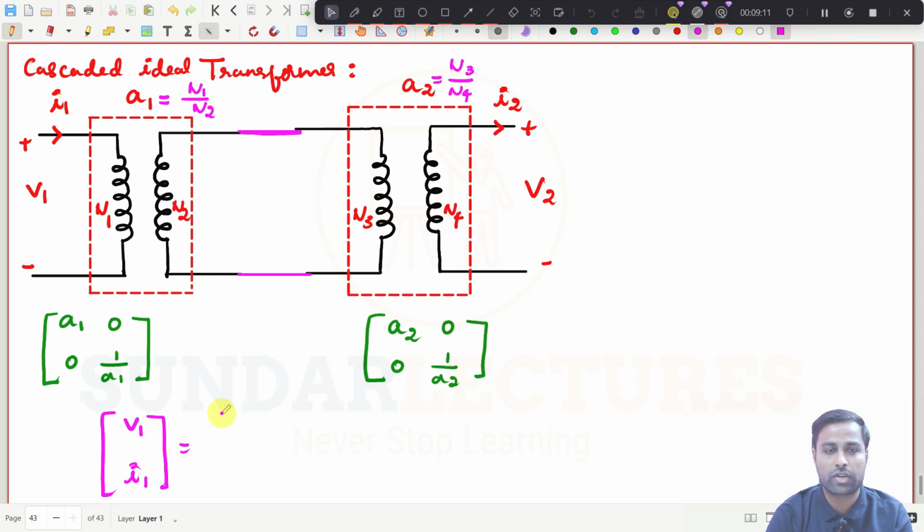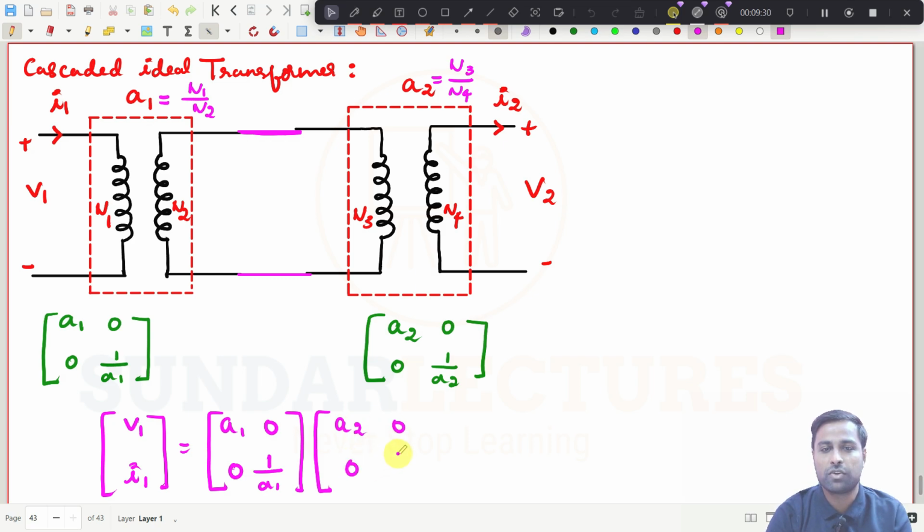Try to understand. This ABCD parameter is A1, 0, 0, 1 by A1, and this ABCD parameter is A2, 0, 0, 1 by A2, and this is multiplied, and I can write this as V2 and I2.